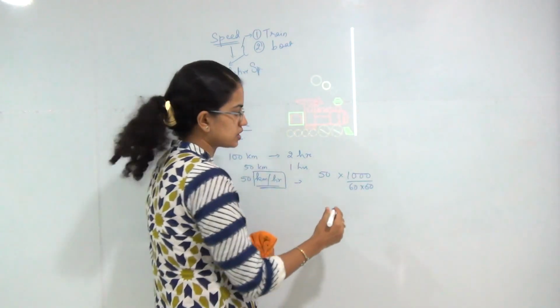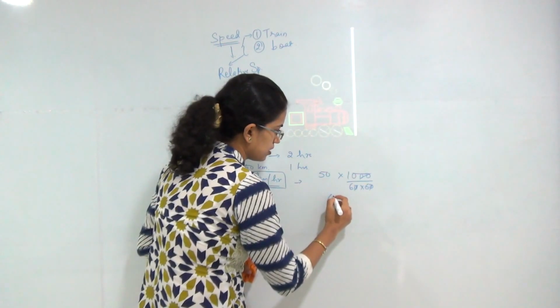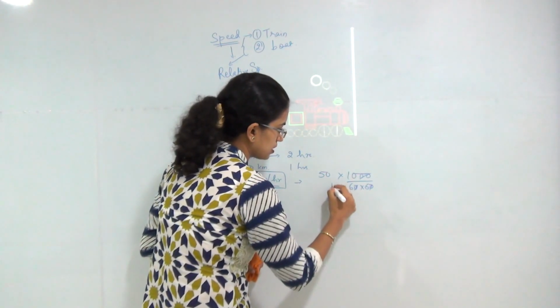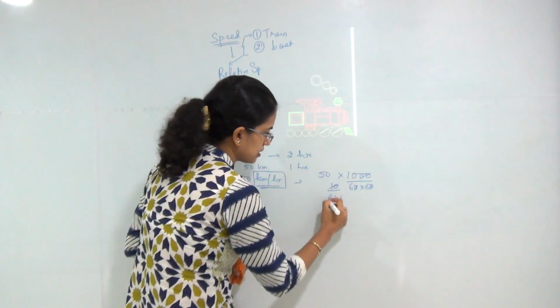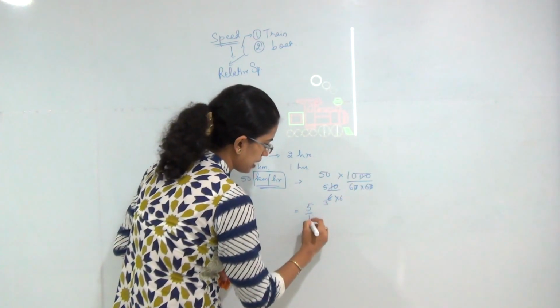So 60 into 60, so that would be 6 into 6. So if I cancel this, so that's 5 by 18.